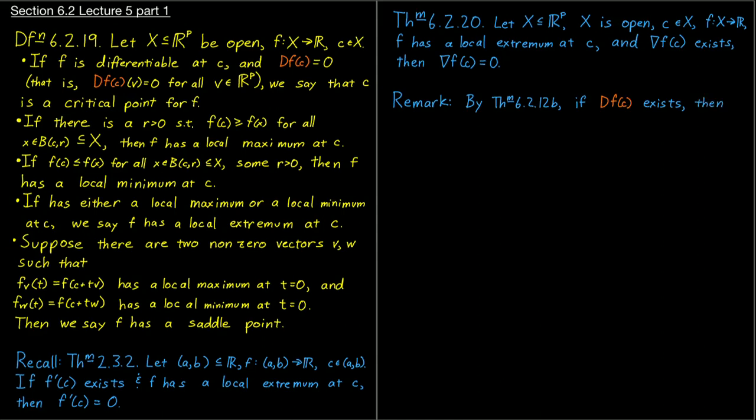So if you know the gradient is 0, you must have that your df of C is also 0. And the proof is pretty straightforward.